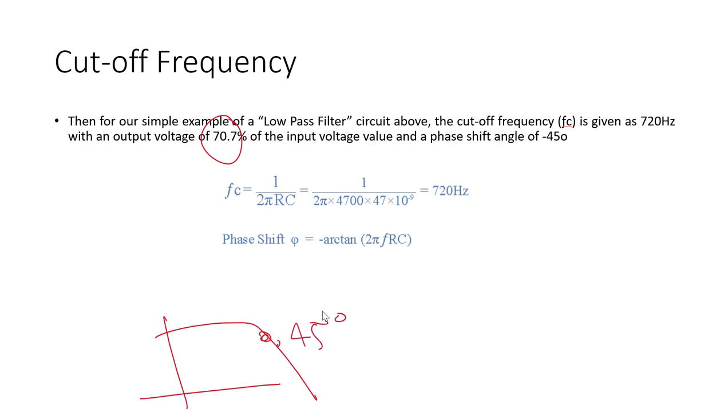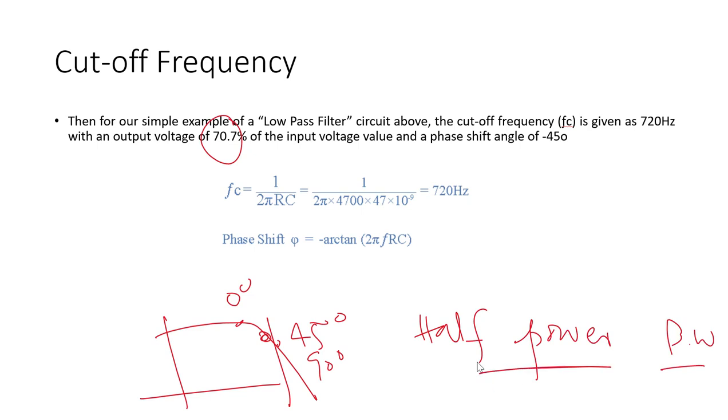So this condition is known as the cutoff frequency voltage. 45 degree is actually halfway between 0 degree and 90 degree. So we can also call it the half power bandwidth. So half power bandwidth is observed at cutoff frequency.